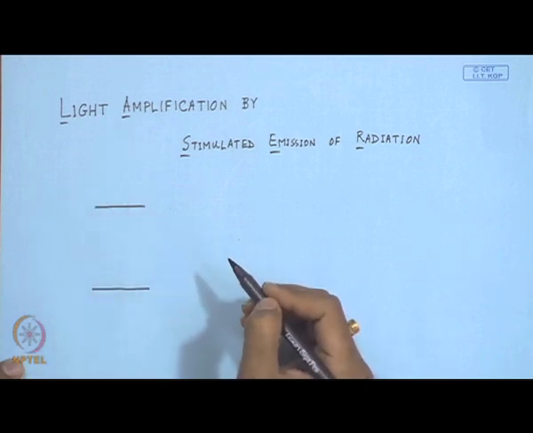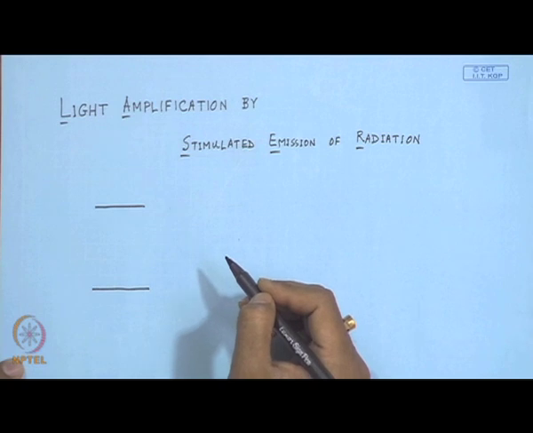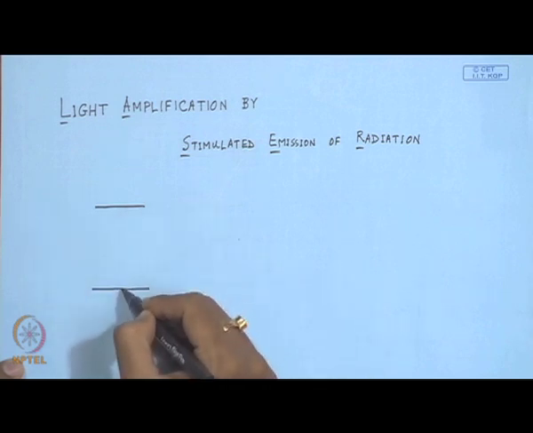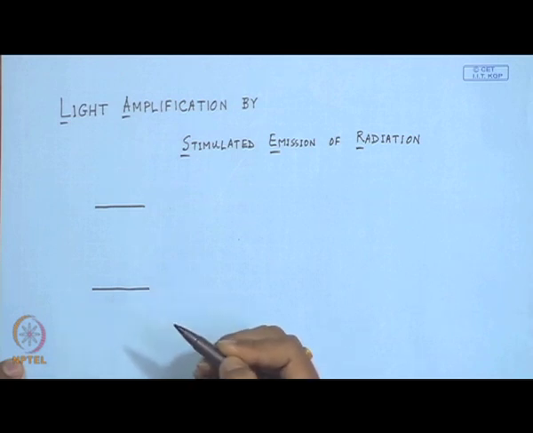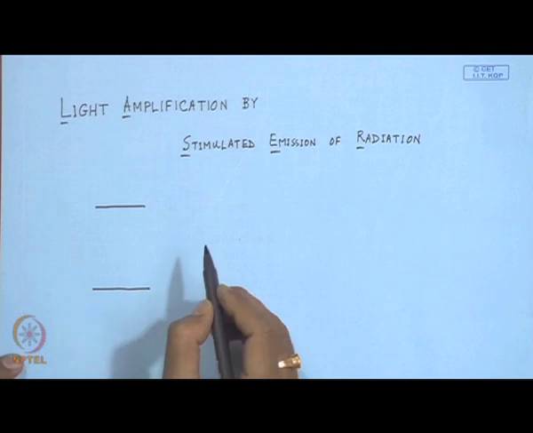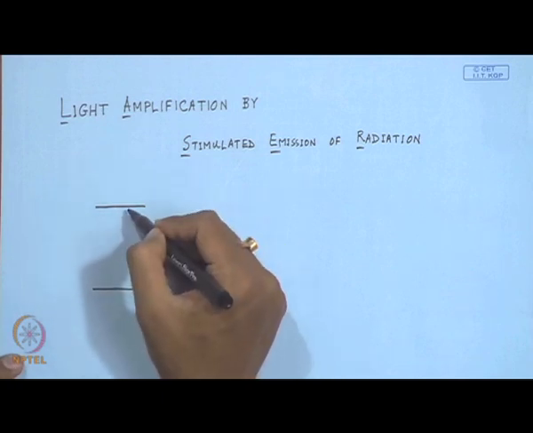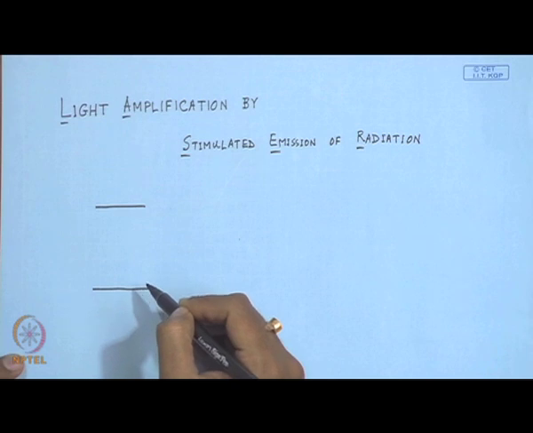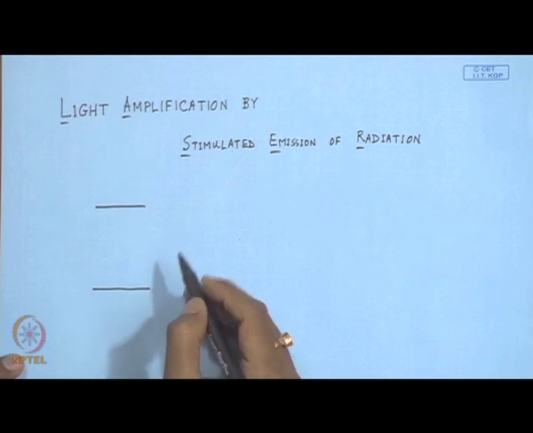Therefore, ordinarily you cannot have more population over here than over here. Now, if you have a population in the upper level higher than the lower level, then there is a possibility of lasing action.